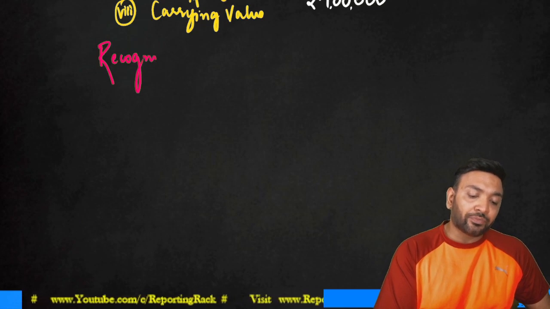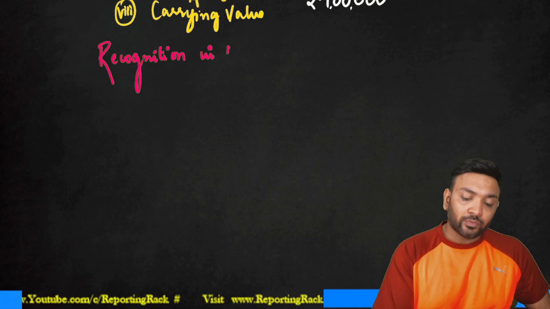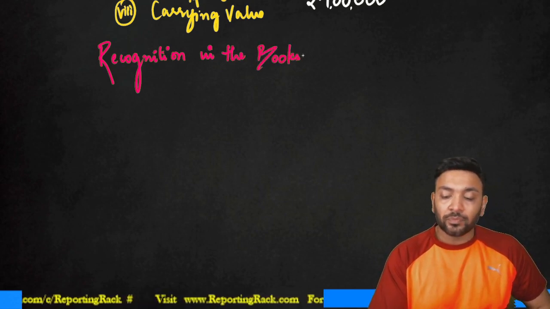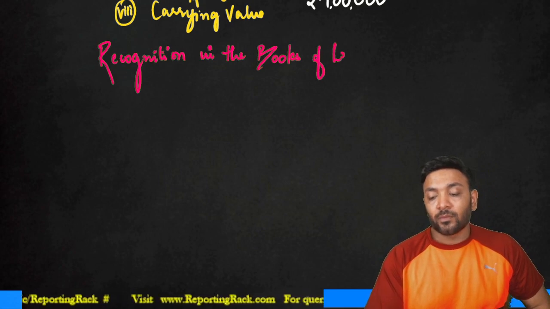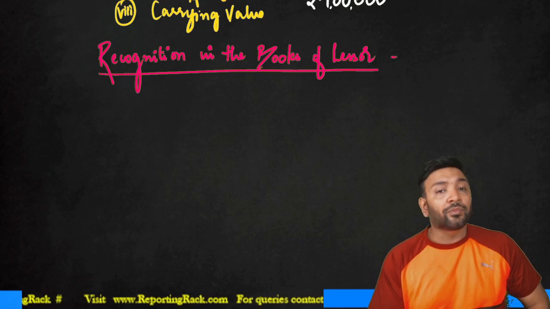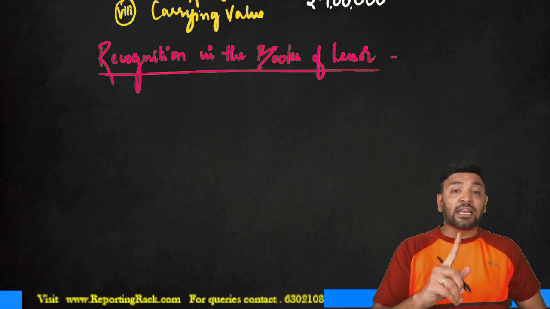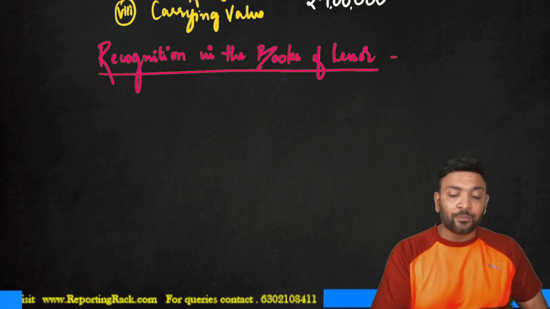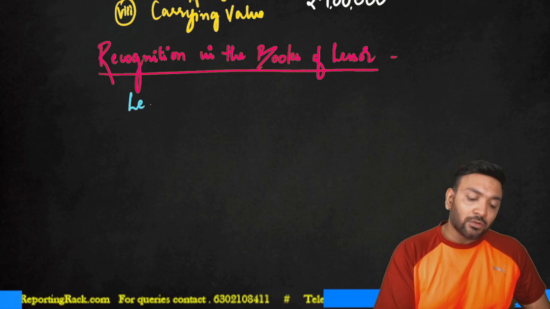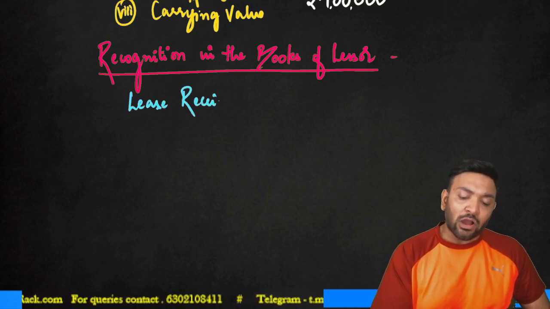Recognition in the books of lessor. Lessor recognizes a net investment in lease as lease receivable. So first write that entry. Lease receivable account debit.